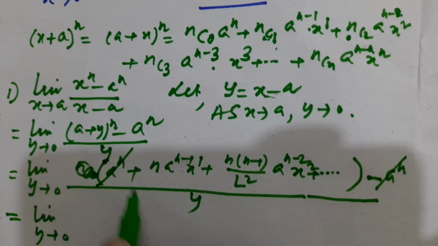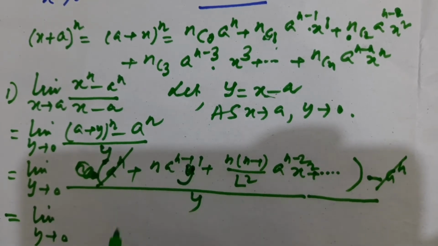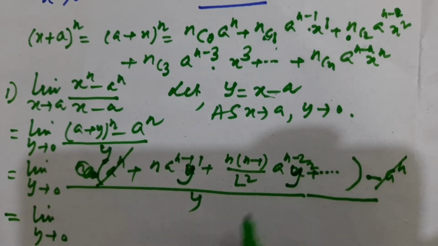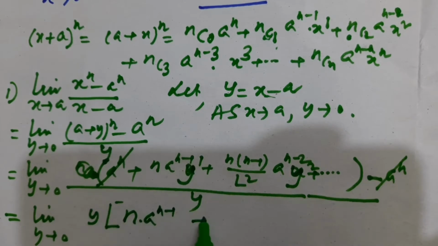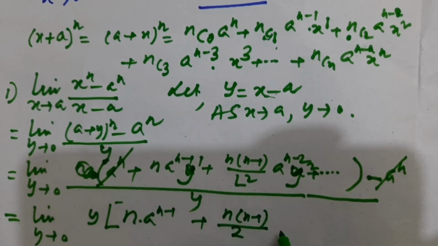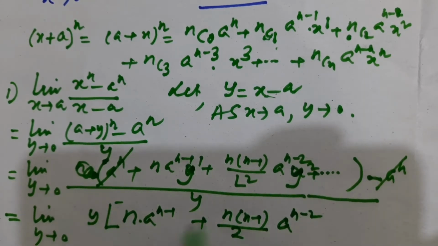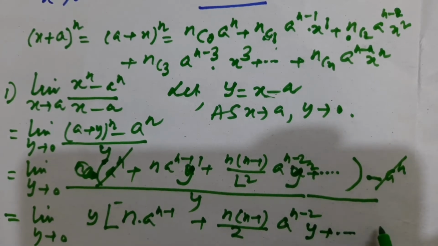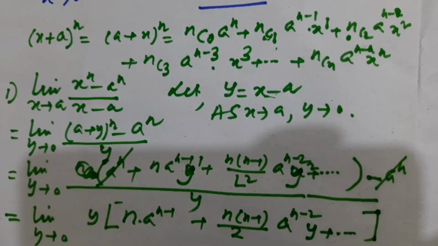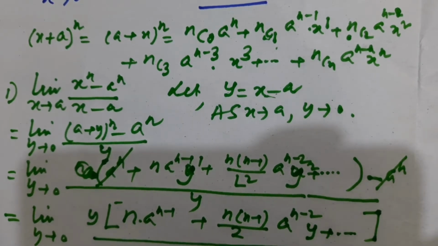Actually here it is y, we wrongly wrote x here, so it should be y. Taking y common here, we get n into a to the power n minus 1, plus n into n minus 1 by 2 into a to the power n minus 2 into y, and so on, whole divided by y, so the y's are cancelled.